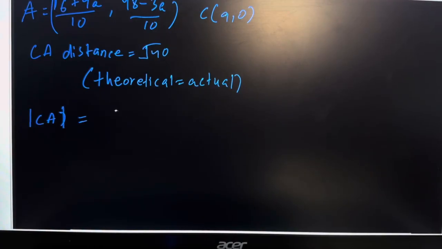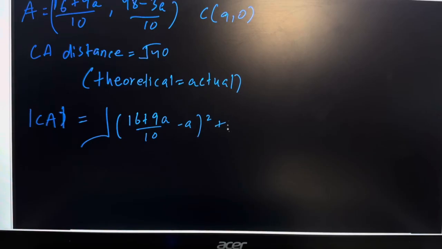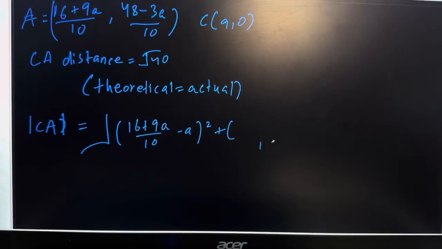Is equal to under root, then we have x2 minus x1, so it's (16 plus 9a) upon 10 minus a, squared, plus y2 minus y1, so we can just write the exact thing because 0 won't affect it, squared, all of this in the under root.